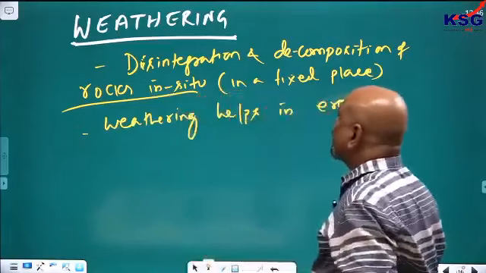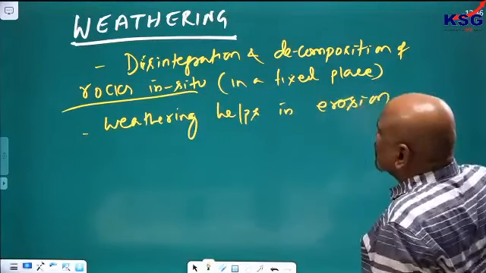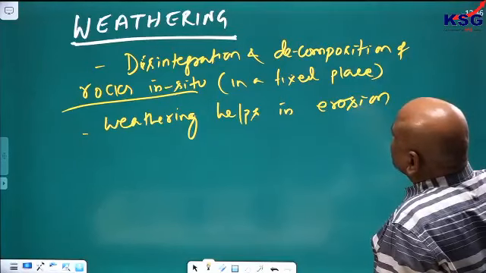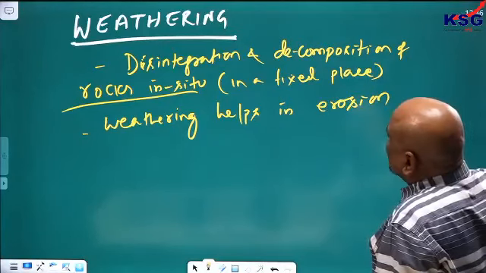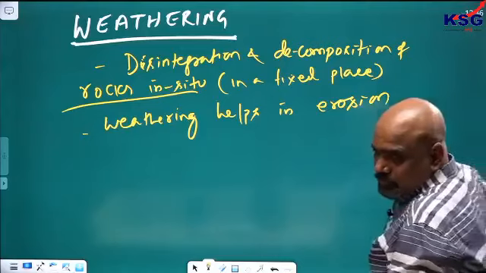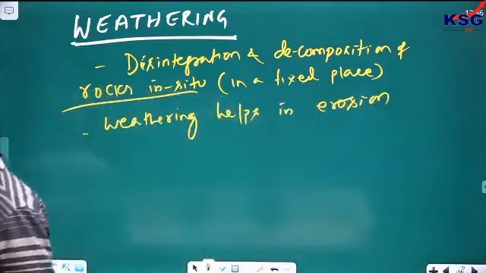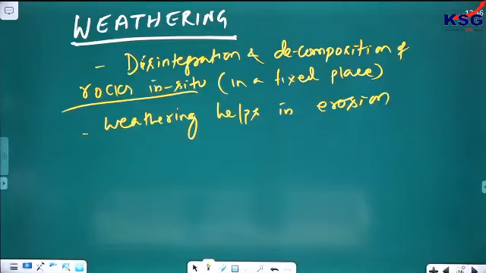Okay. Disintegration and decomposition of the rocks in situ, in a fixed place, is called weathering. Weathering helps in erosion. Okay. So two things here, weathering and erosion, as I just mentioned. I think we discussed physical, biological and chemical weathering.